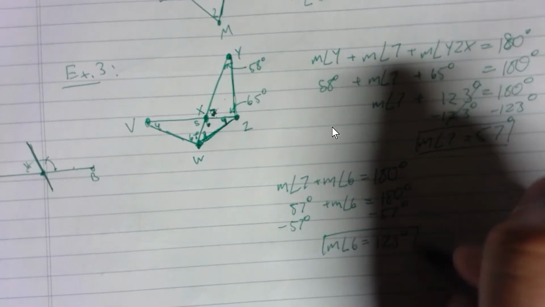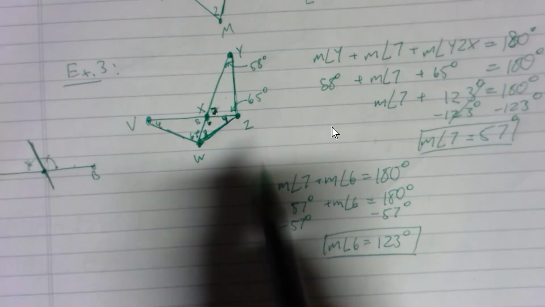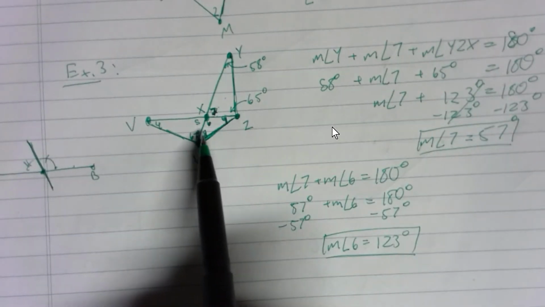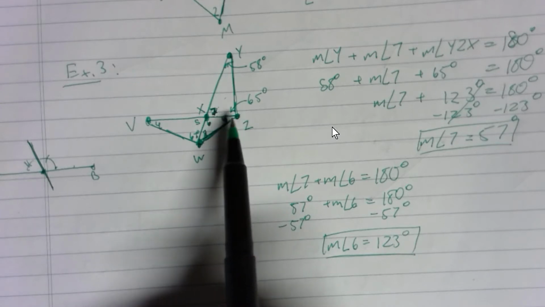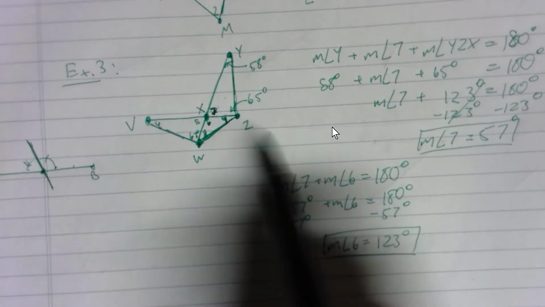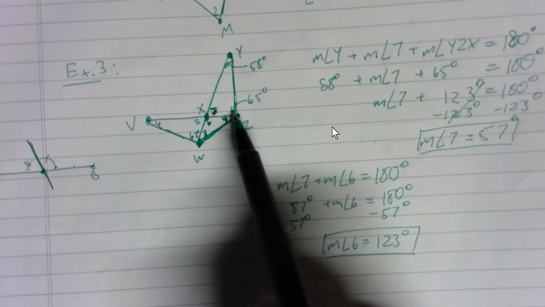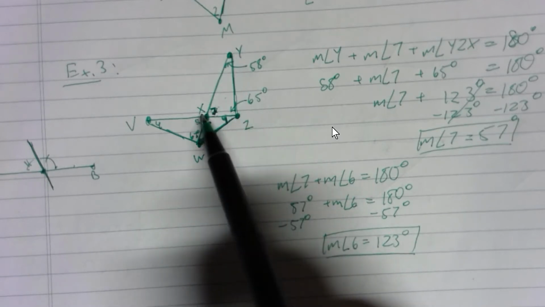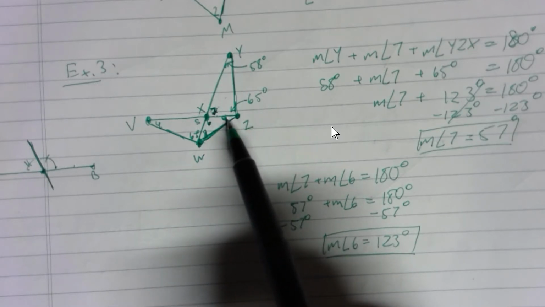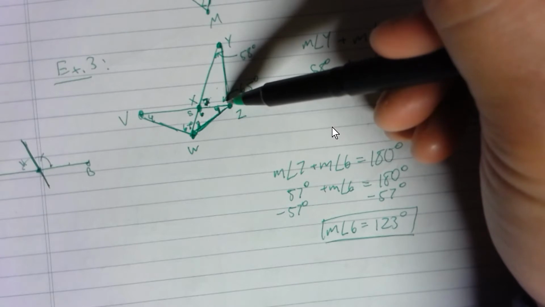Not bad. Okay, but this does not help me too much for this triangle here, because 8 and 9 are still not solvable. Can I apply that same thing, that this angle here, YZX, plus angle 9 is equal to 180 degrees? Well, ask yourself, does it come from a straight line?